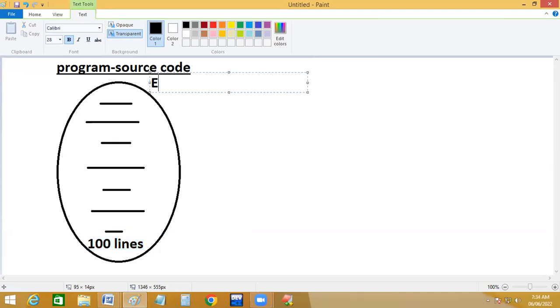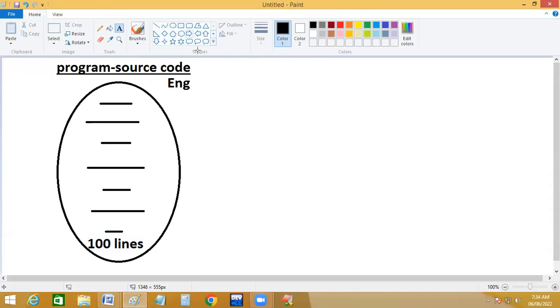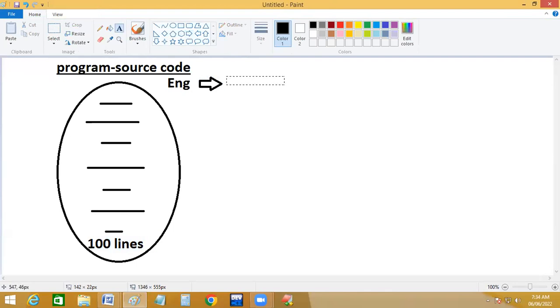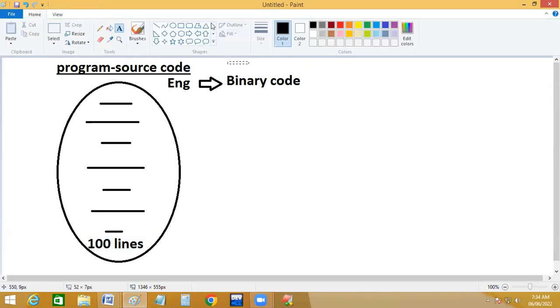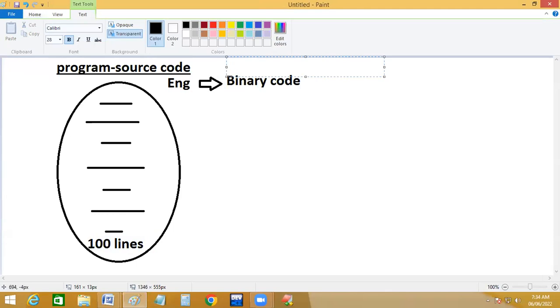And source code is always in which language? English. But the computer understandable code is what? Binary code. Now we have to convert this English program into binary code. For that we do compilation. Who is going to do this? Compiler.